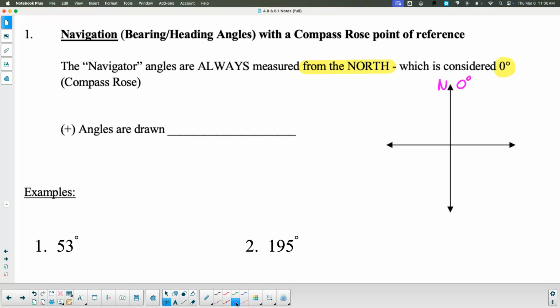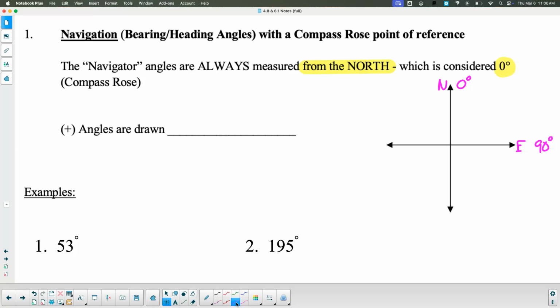Also confusing is that straight out to the right is east, and that is 90 degrees. So not only did we switch where the 0 is, we also switched the direction of the positive angles.